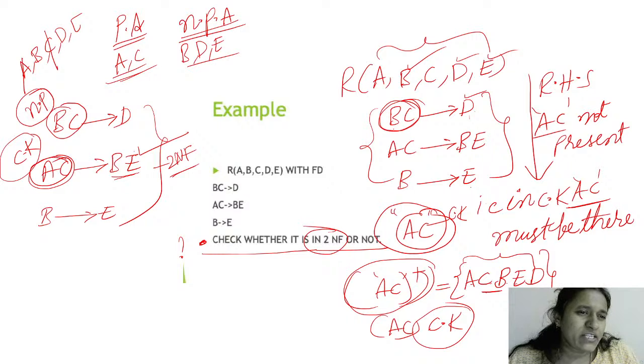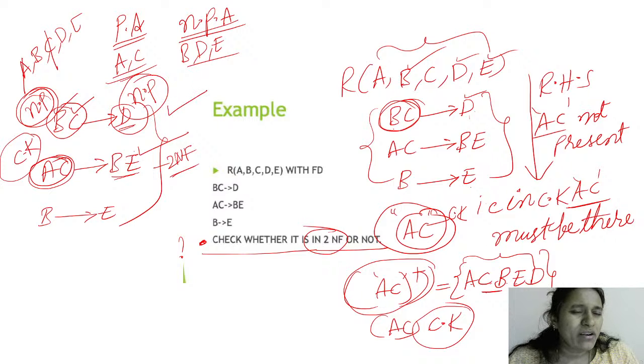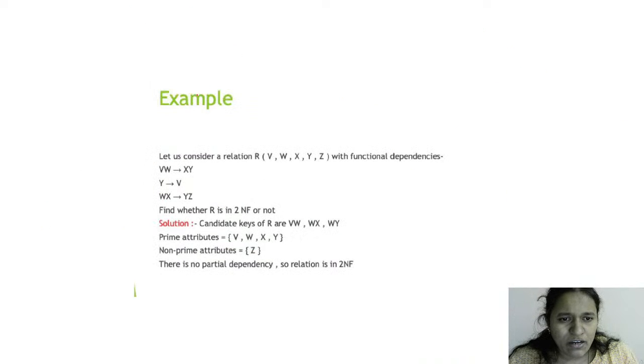Because here one is a prime attribute, one is a non-prime attribute. That means it is non-prime. And here D is non-prime. Non-prime to non-prime is allowed in second normal form.